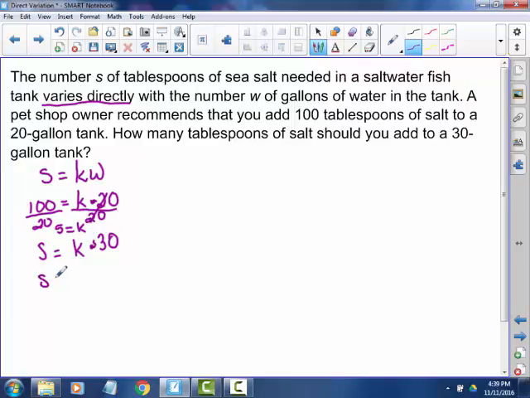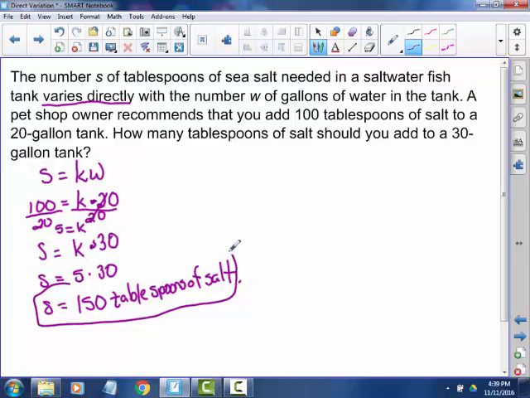So if k is 5, then S is equal to 5 times 30, which is 150. And that was tablespoons of salt. Okay, so that's the answer to the question, 150 tablespoons of salt.